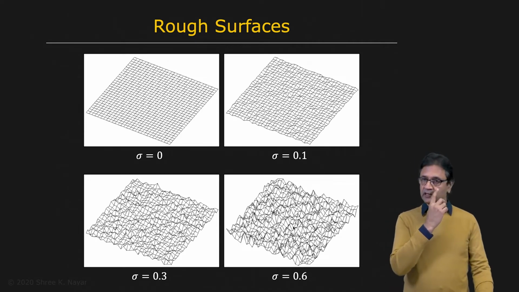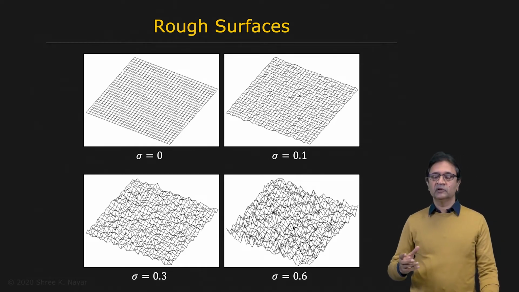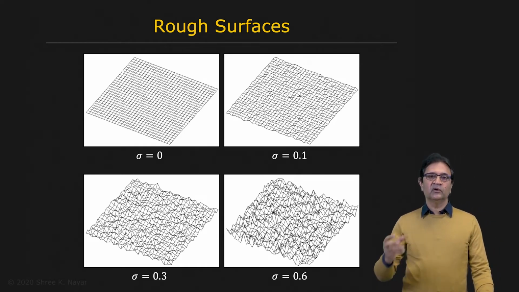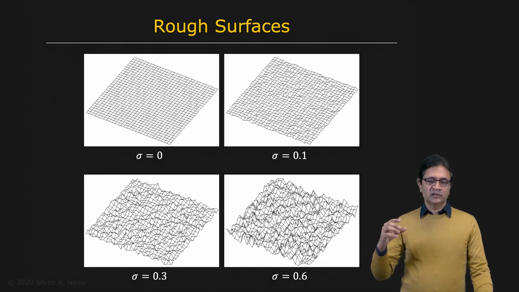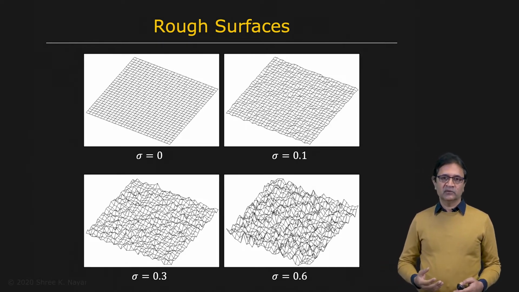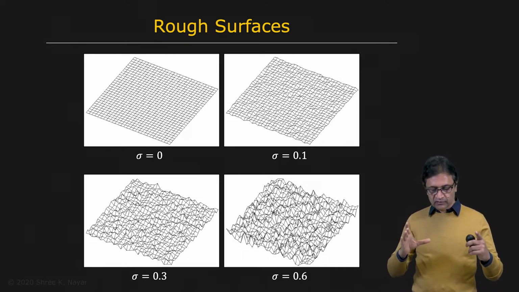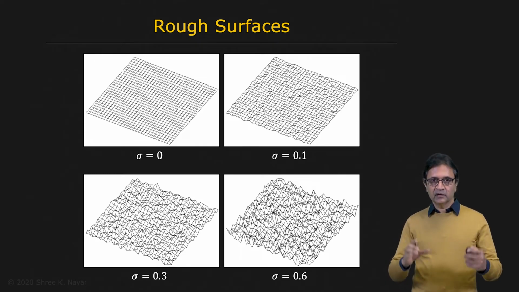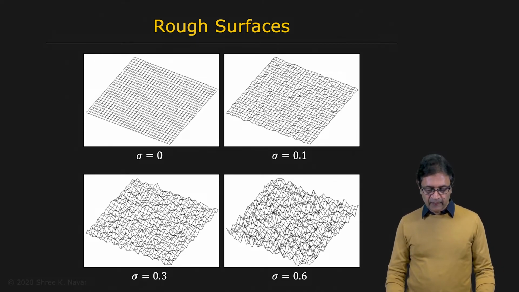So what's been done in the past is that this kind of surface model has been used along with both the Lambertian model and the specular model, meaning that assumptions have been made that the facets are either perfectly mirror-like or perfectly Lambertian, and then one can ask the question, what is the aggregate reflectance of the entire patch that you're looking at?